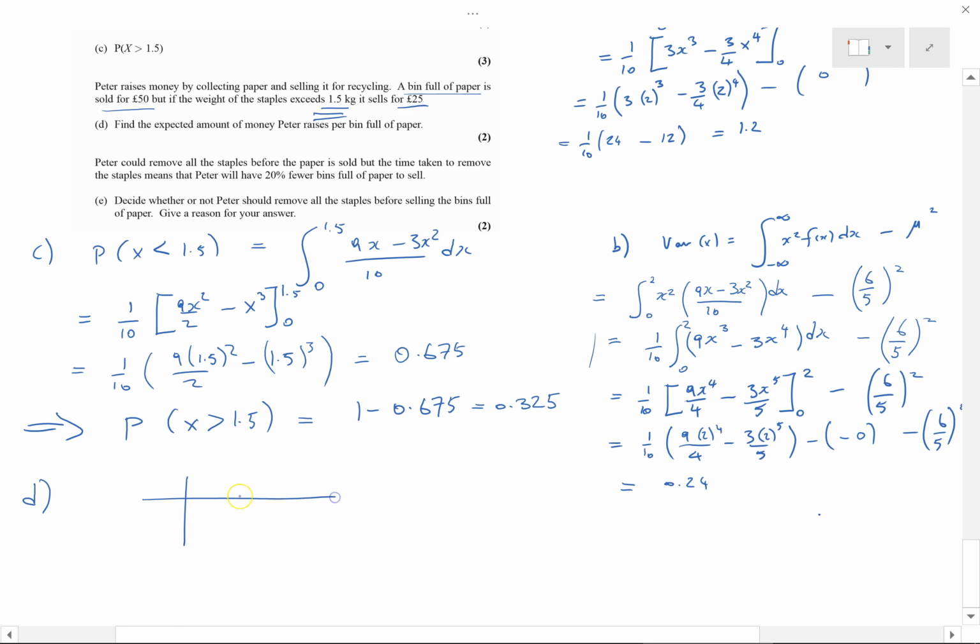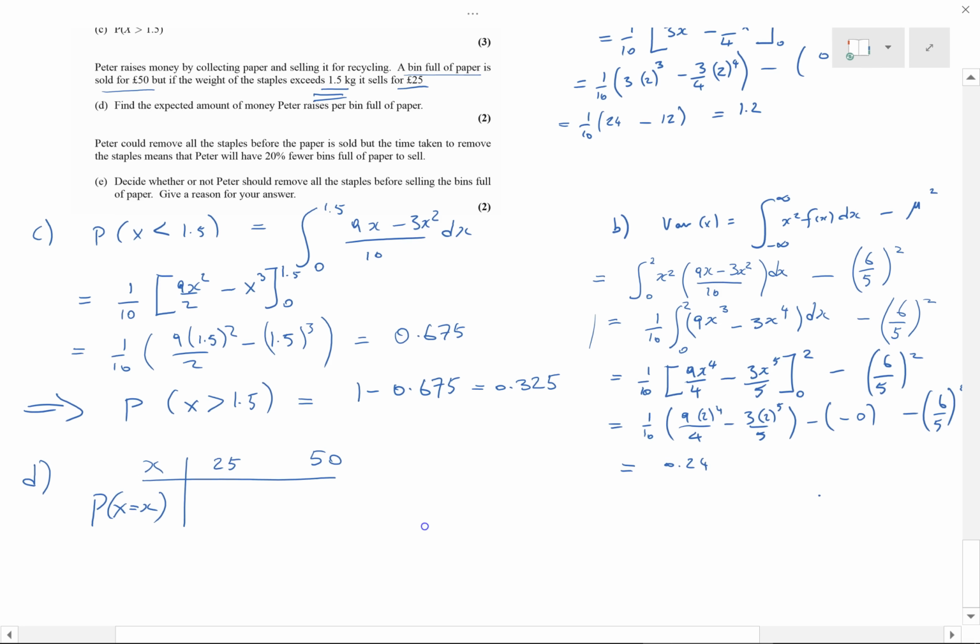Call it x, and the probability that x equals x, it can either take a value of £25 or £50. It will be £25 if it weighs more than 1.5, in other words, the amount we've worked out here, 0.325, but it will be worth £50 if it's less than 1.5, in other words, 1 minus it, so that's 0.675.